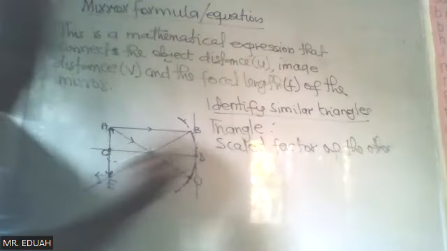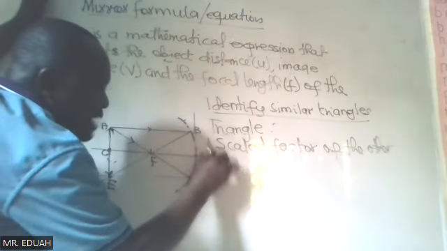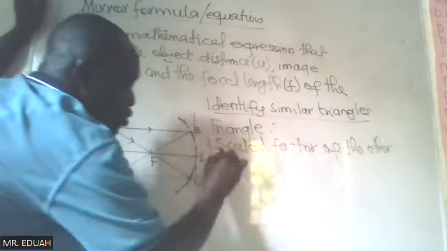Two, triangles are similar when they have the same interior angles.